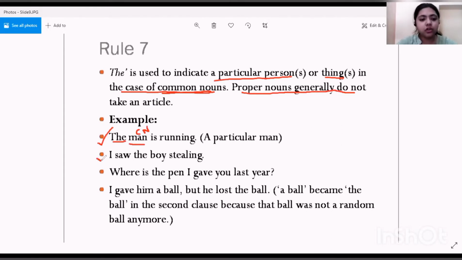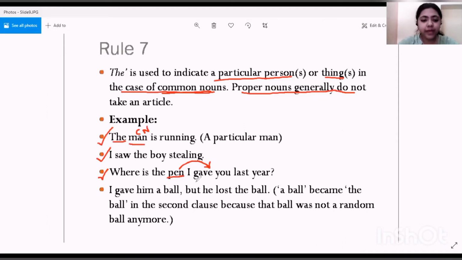Next, I saw the boy stealing. Okay, again, a particular boy who was stealing has been seen by me. All right. Now, where is the pen I gave you last year? So this is also a way of particularizing a thing. When you're talking about a thing and then giving a brief description about it, you are talking about a particular pen.